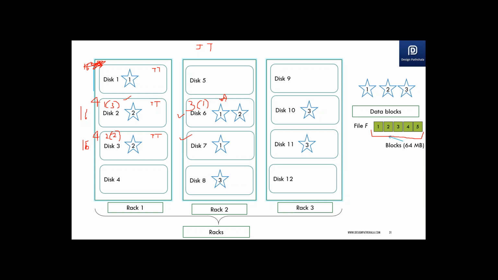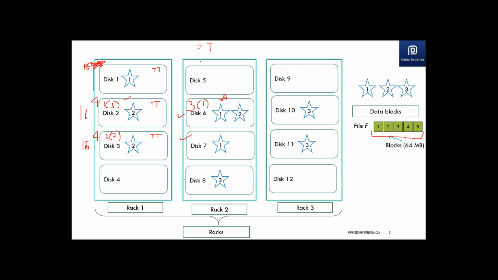And it also takes care of a lot of other things. Let's say I want to process this file, and block 2 is lying on this node, and I've given the task tracker the job to process block 2, but it failed in between. The failure information will also be sent to the job tracker.